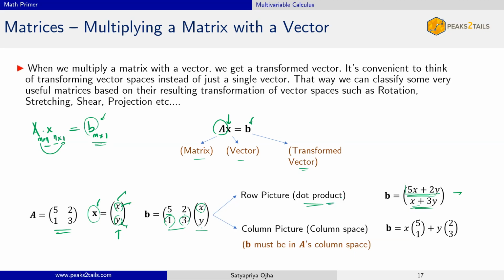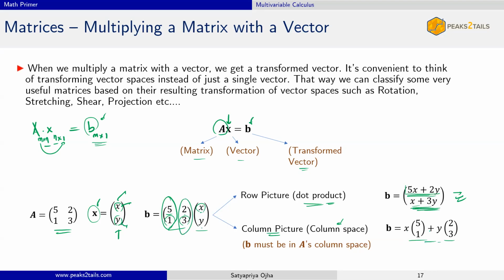This is fine. But there is another way to look at it, which is the column picture, or you can say column space. And this is very, very useful. I can rewrite the same thing like this: x times first column plus y times second column.